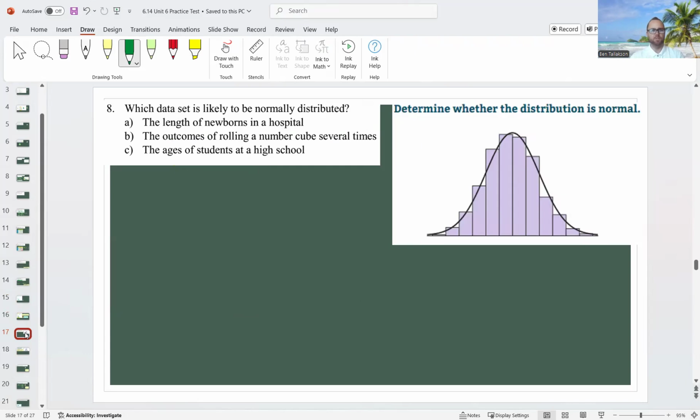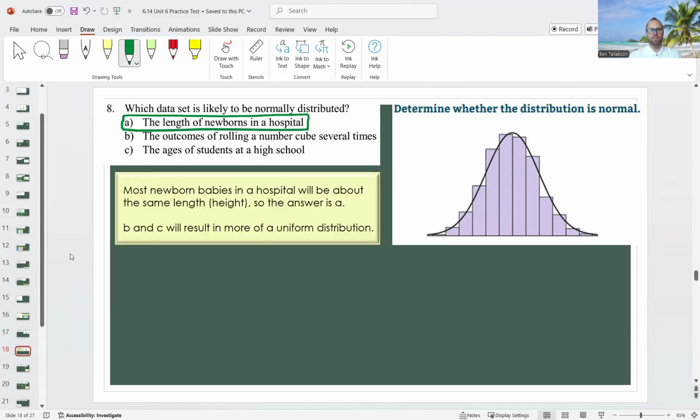Number 8. This one shouldn't take too long. The answer is A. Which data set is likely to be normally distributed? This is, once again, a diagram of normal distribution. In normal distribution, the majority of the values are in this area, right?